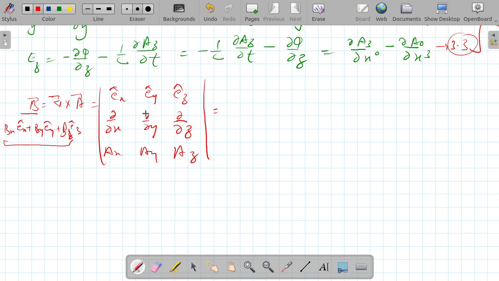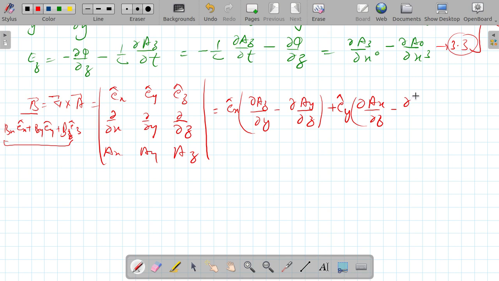And in the component form, this equation will be written as x-cap (∂Az/∂y minus ∂Ay/∂z) plus y-cap, when I take Ey with the positive sign, then I have to take this first, so ∂Ax/∂z minus ∂Az/∂x, plus z-cap (∂Ay/∂x minus ∂Ax/∂y).